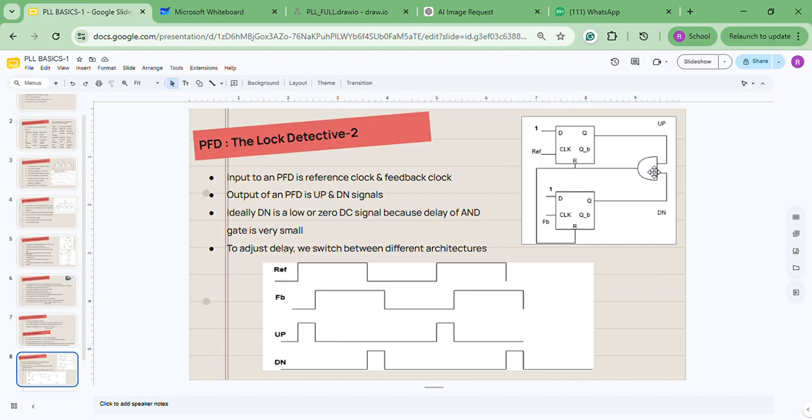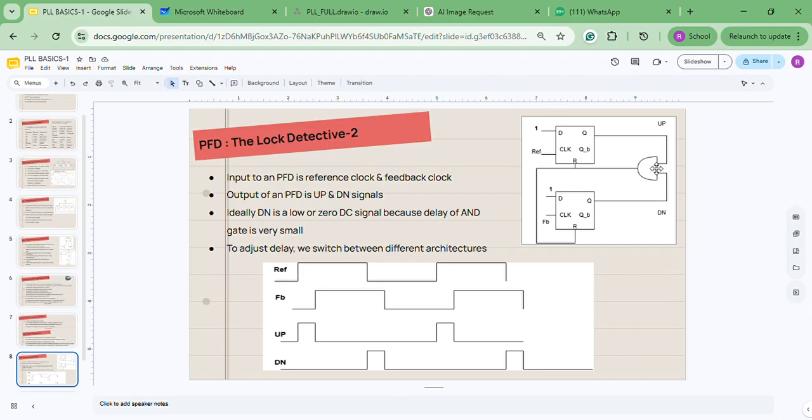If the AND gate delay is lowered, then our DN output will be almost 0 or DC, because before coming to this pulse state, this AND gate will reset the flip flop. So it will never come into this pulsated state unless the delay is very high. That is not our requirement.